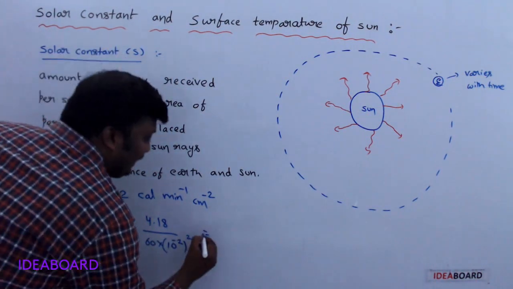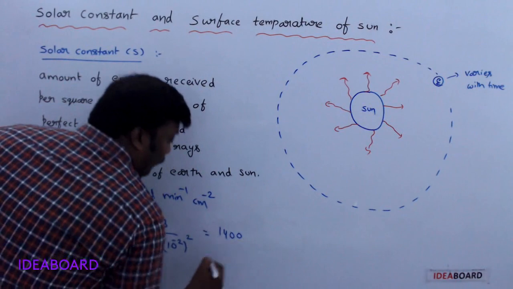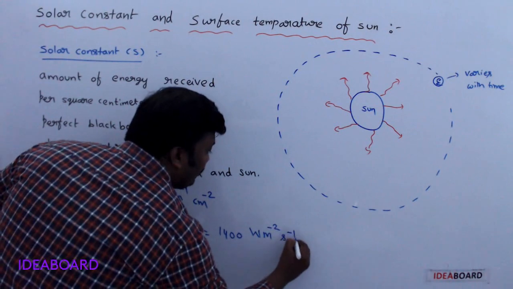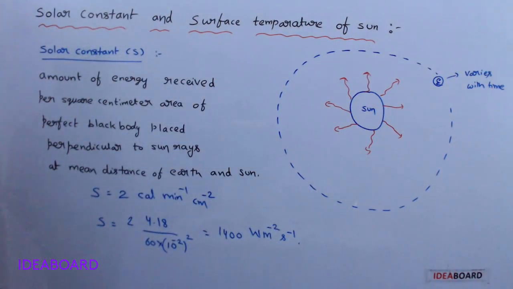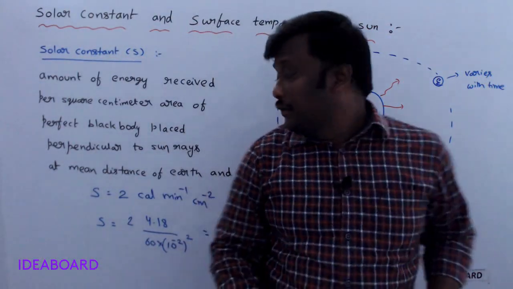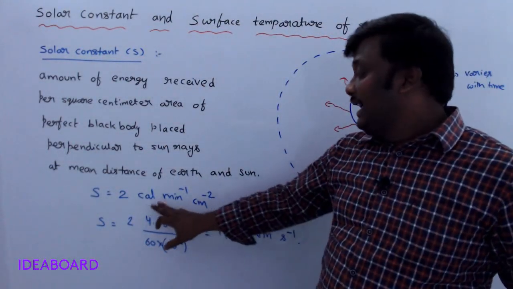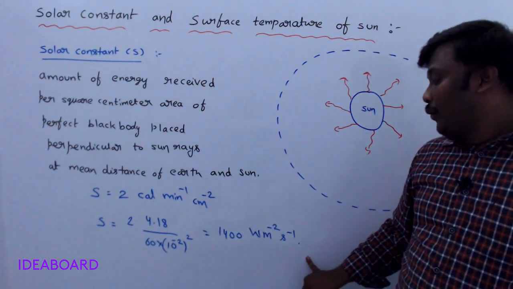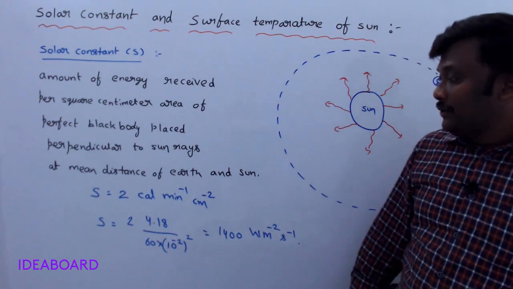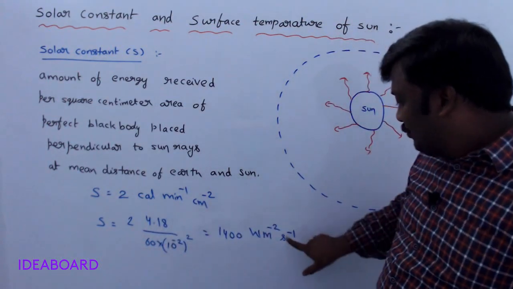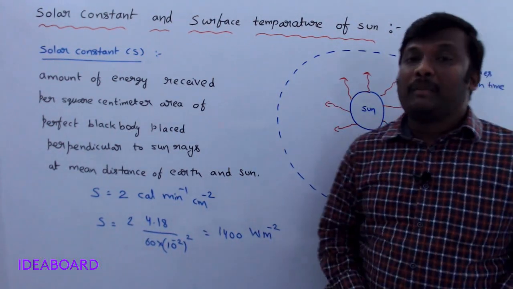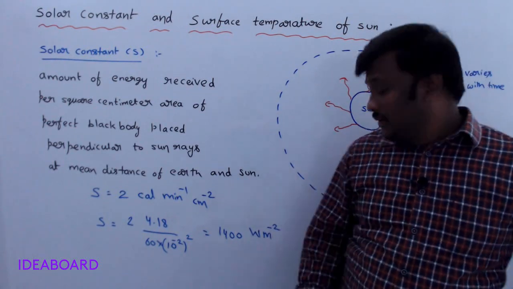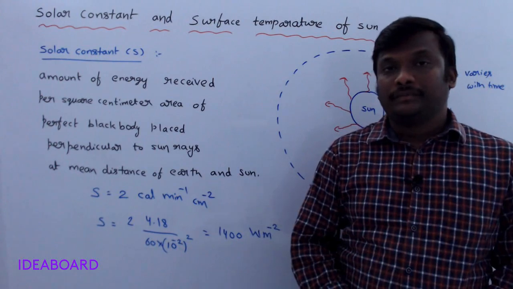If you calculate, the S value comes to nearly 1400 watt meter power minus 2. Remember the units, please. What is the value of solar constant in the CGS system? Calorie minute power minus 1 centimeter power minus 2. In SI it is 1400 joule per second per square meter, which means watt meter power minus 2. It is also called 1.4 kilowatt meter power minus 2.